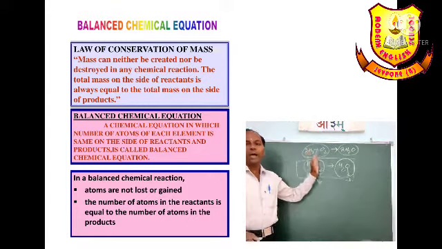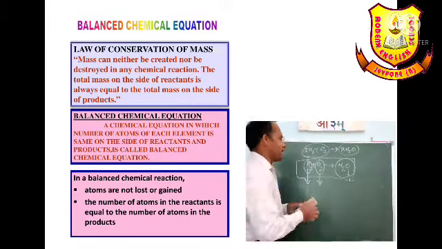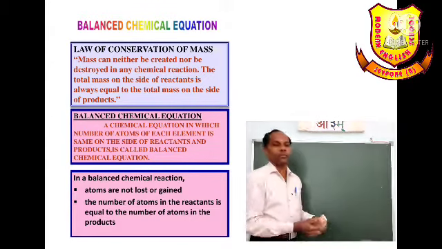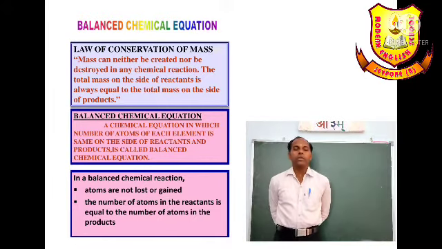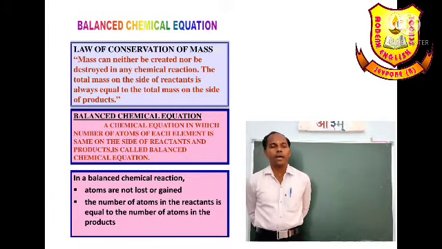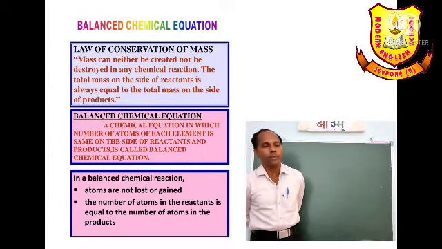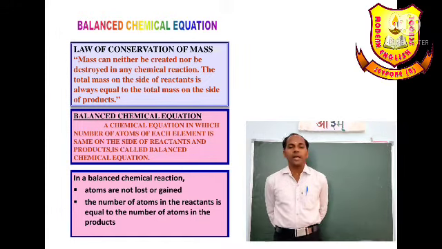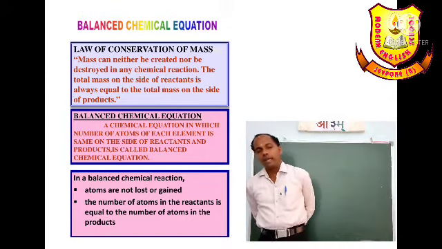Now how to balance the chemical equation? To balance the chemical equation, I told you that I will teach in a different method. So you have to know about the metals, the non-metals, the atomic numbers and elements. All the elements you have to know. And what is a balanced chemical equation?